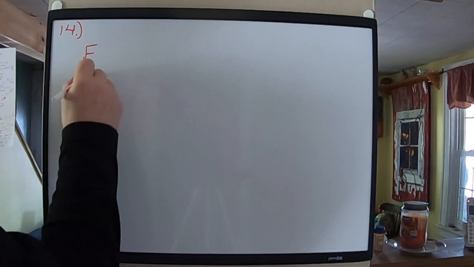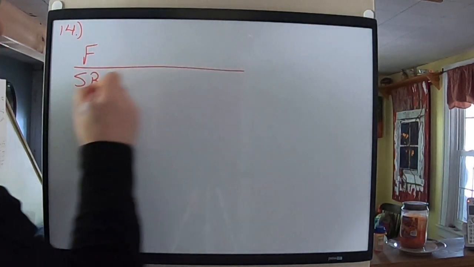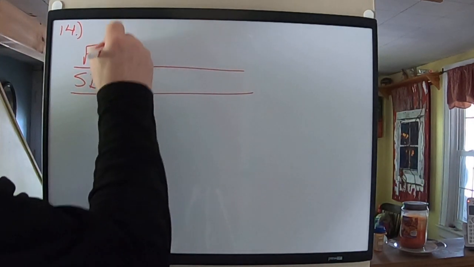Our last example that I'm going to do out is number 14. Number 14 is a bit on the tricky side. We have a freighter. I'm going to just use F. And we have a speedboat, SB. Freighter and speedboat.